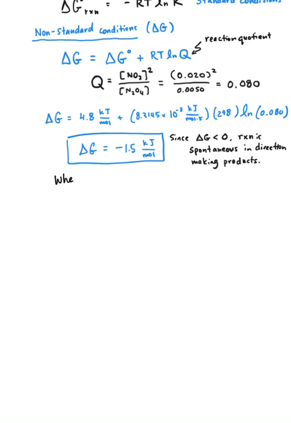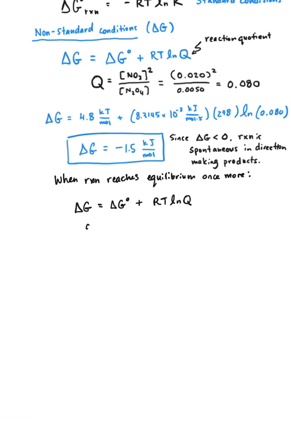So, when our reaction reaches equilibrium again, we can calculate the non-standard Gibbs energy through the standard Gibbs energy plus RT ln of Q. And we know a few things.